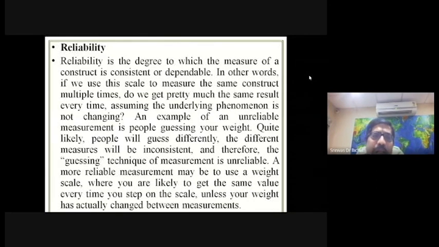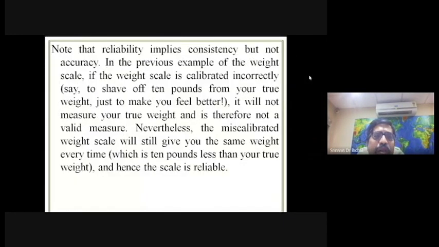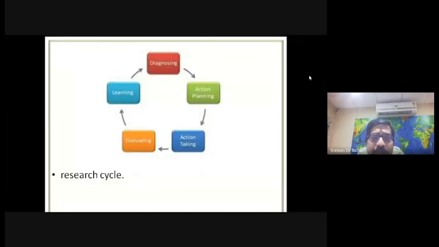When you stand on that scale, you're getting the same result. That is called reliable. But is it valid? It is not valid because you have not corrected to zero. Before you stand, you should check whether it is showing zero or not. If you have not checked, the results are not valid. It's only reliable. The instrument is reliable, but the process you have done is not correct, so it is not valid. That is reliability and validity.